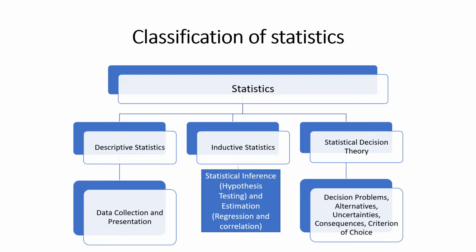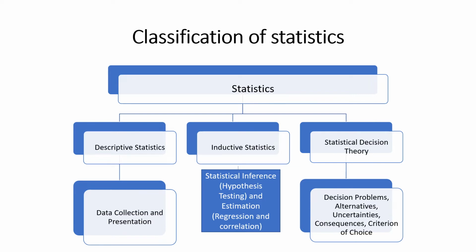The second one is analytical method or analytical statistics. This analytical method helps in analysis and comparison between two or more variables. It includes methods of correlation, regression analysis, association of attributes. The next one is inductive method.